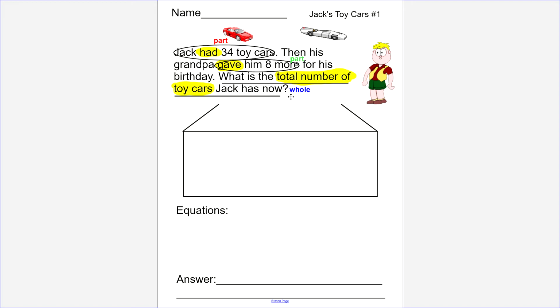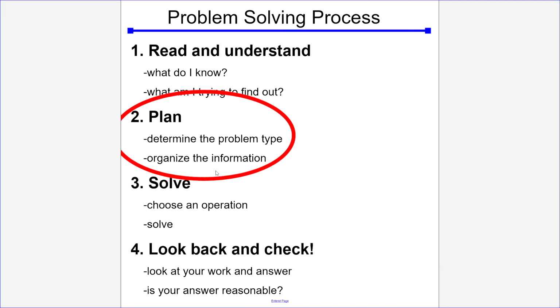Now, 3rd grade, that we have thoroughly read and understood this problem, we're ready for step 2 of the problem-solving process. We're ready to plan solving our problem. When we plan, we determine the problem type if we don't know it, but we know this is a get more problem, and then we organize the information in our bar diagram.